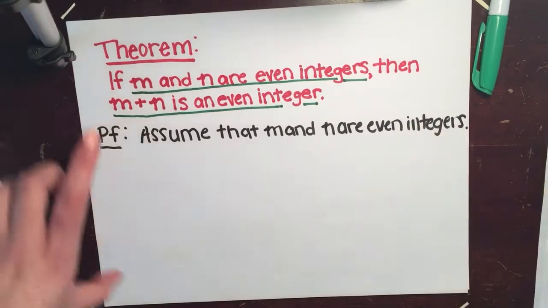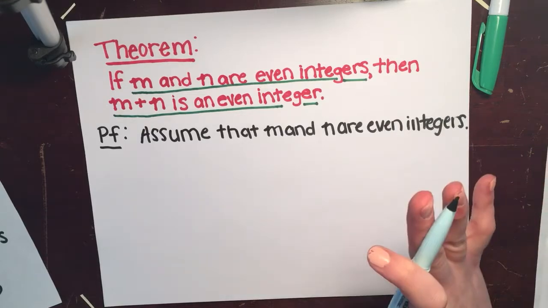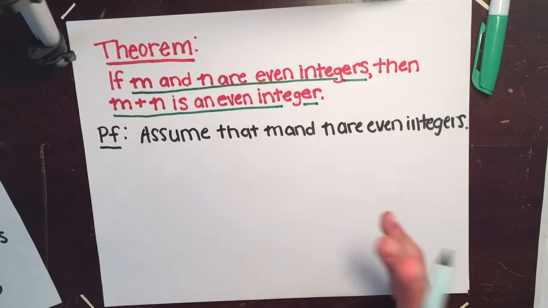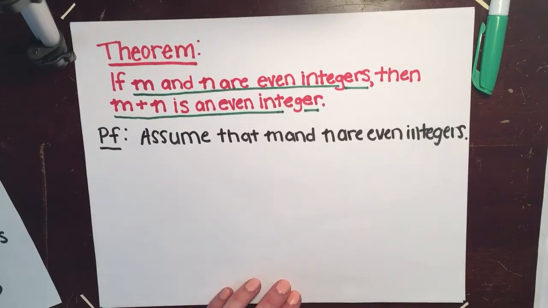Okay, that's the first part. Now we have the body. The body is a little bit tricky. It's basically a matter of memorization and logic put together. These proofs are hard to understand when you first learn them, but with practice you will understand them a lot more easily.